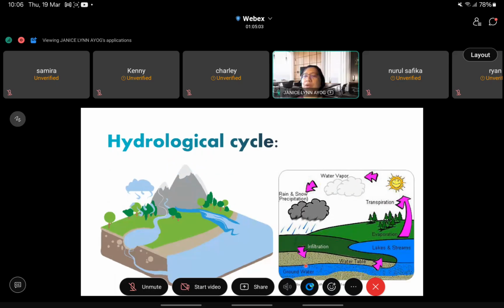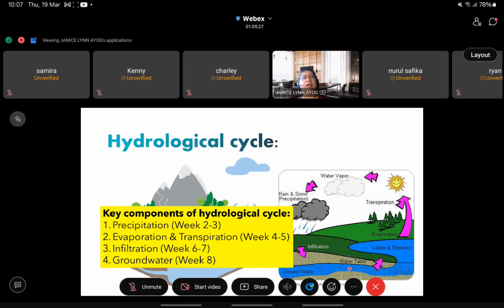In certain cases, that groundwater supplies the lake and also streams or rivers. And then it goes back as a cycle: evaporation, transpiration, water vapor and so forth. So it's actually a cycle.